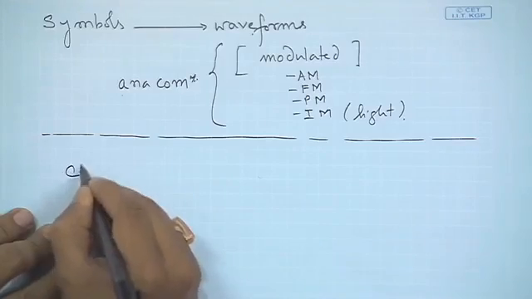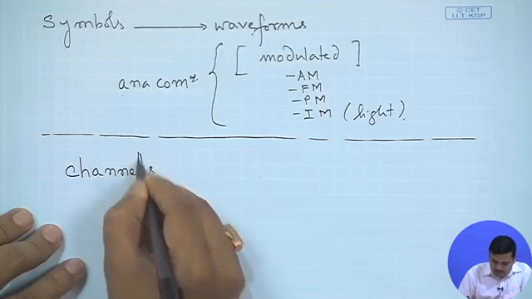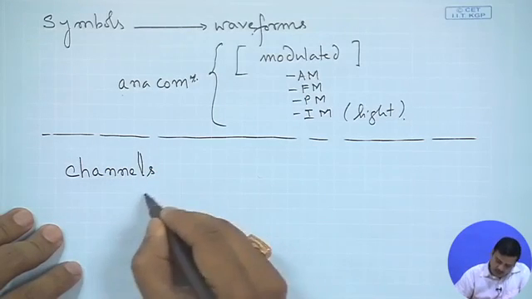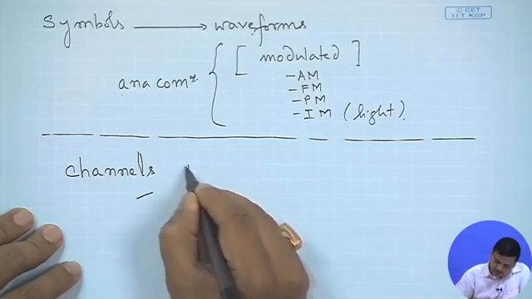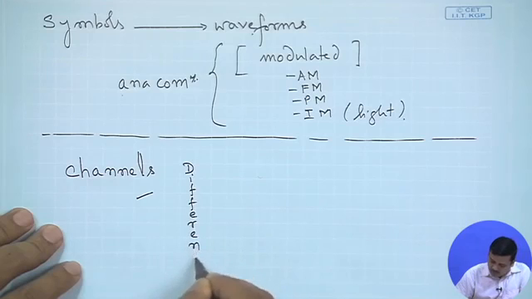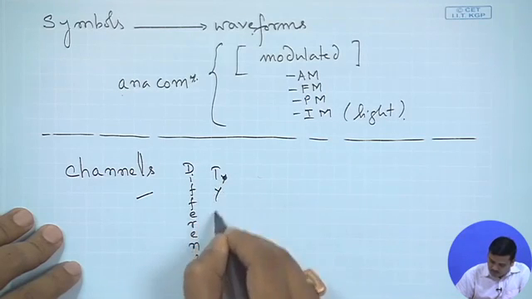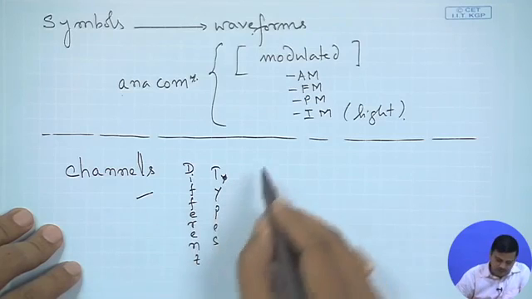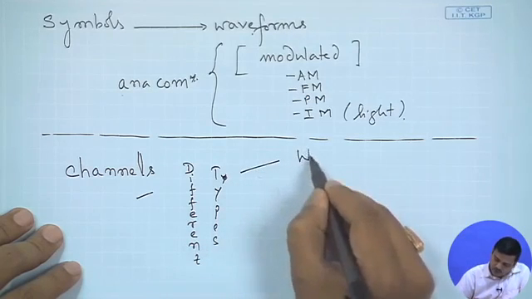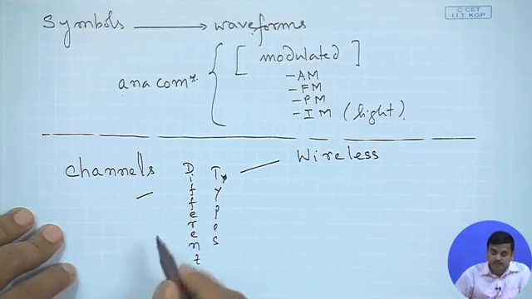So when we talk about the channels, channels could be of different types. One classification could be a wireless channel.